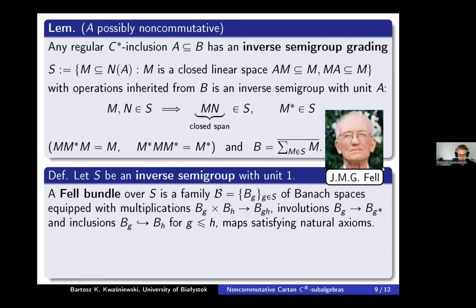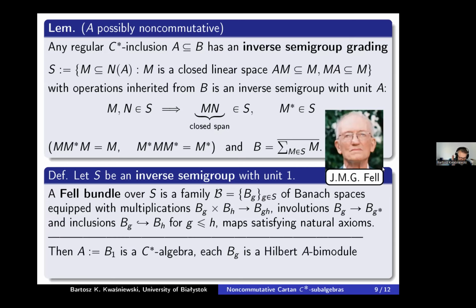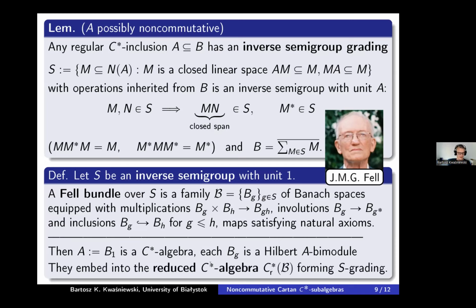But what one needs to know from this construction is that these axioms are such that the unit fiber of this Fell bundle is always a C-star algebra, and all these BGs are Hilbert A bimodules, and that embed naturally into a C-star completion of this construction, and I want to consider the reduced C-star algebra. So I mean the completion with certain, yeah.